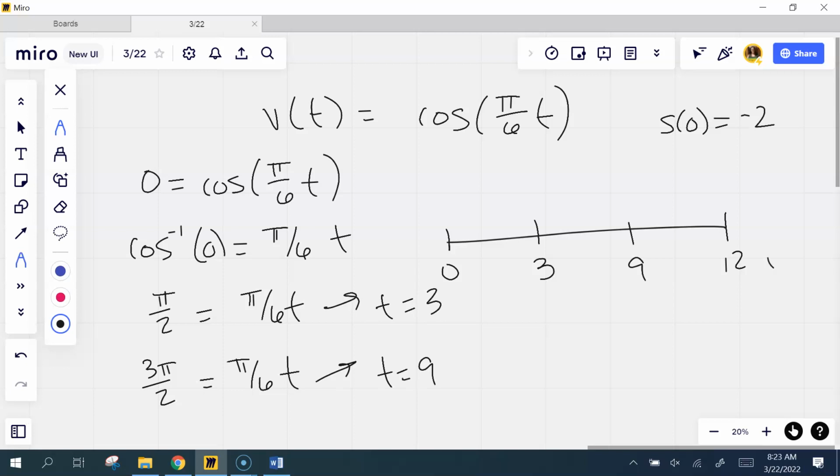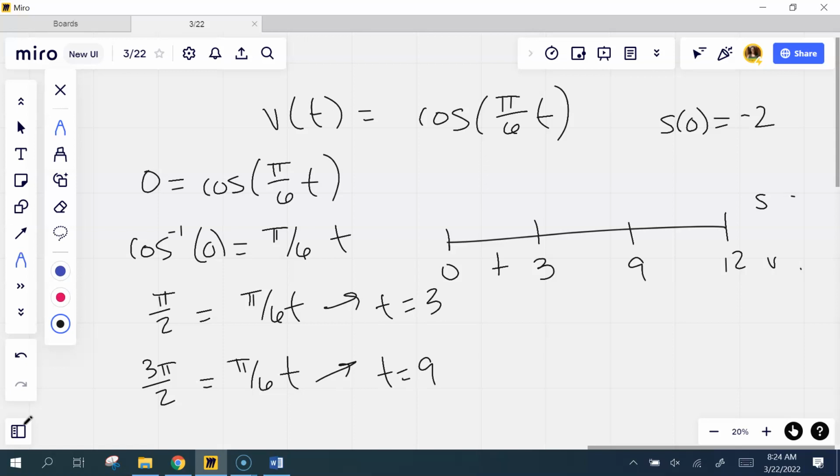So this is the velocity, which will give me the position. So derivative gives you the original function. So between 0 and 3, I'm thinking about the unit circle. I plugged in, if this was 1, what's the cosine of pi over 6? Is it positive or negative?